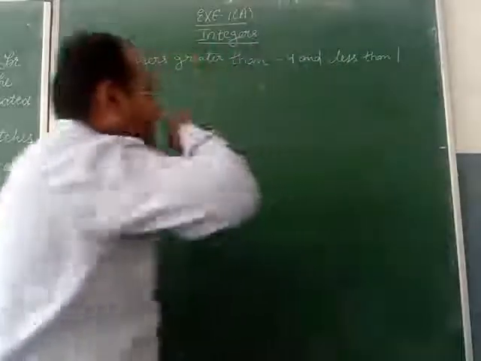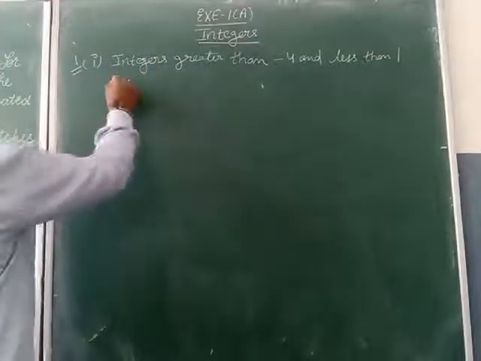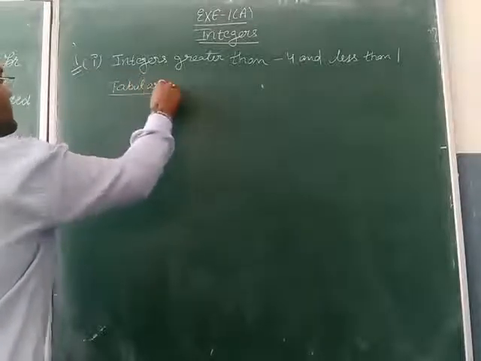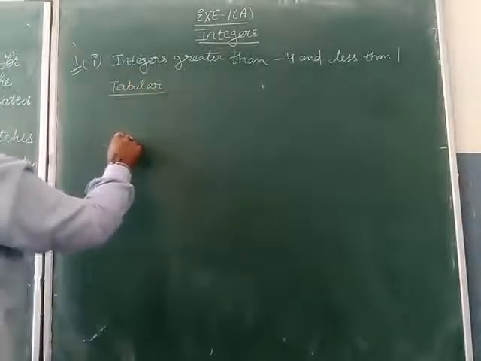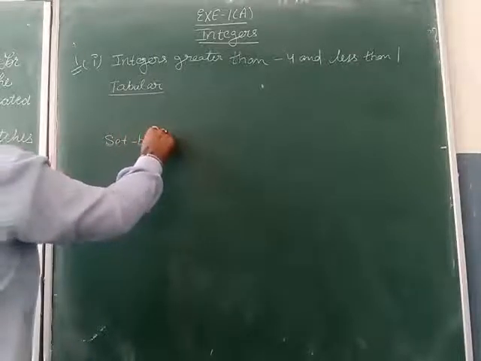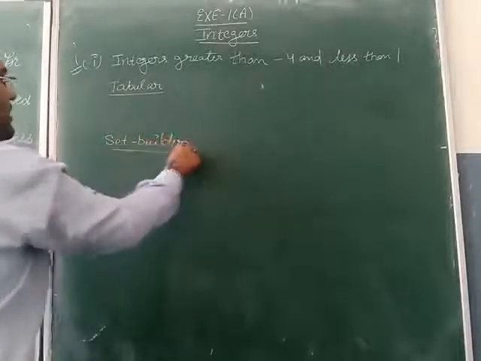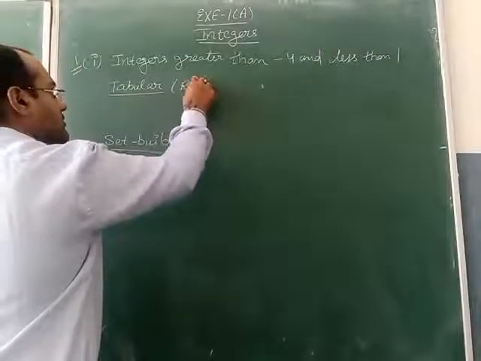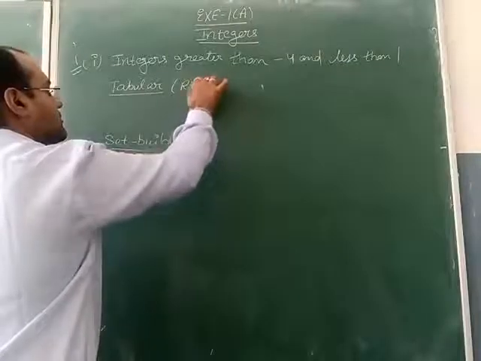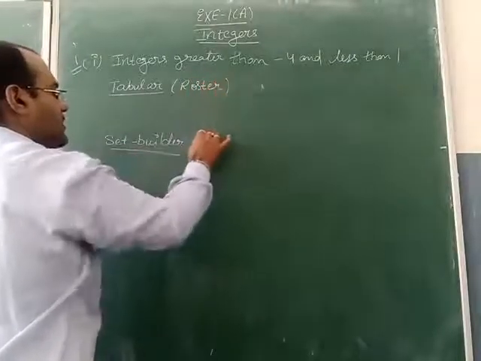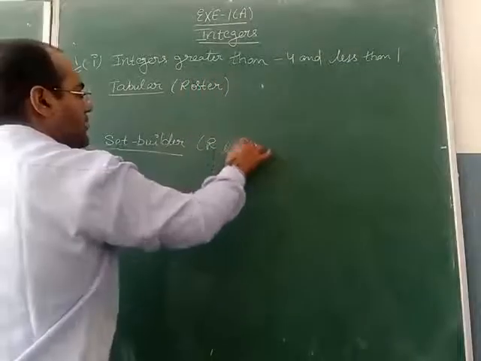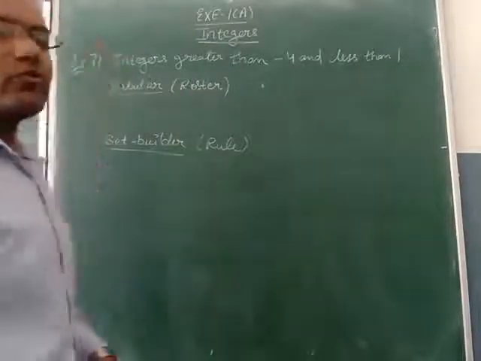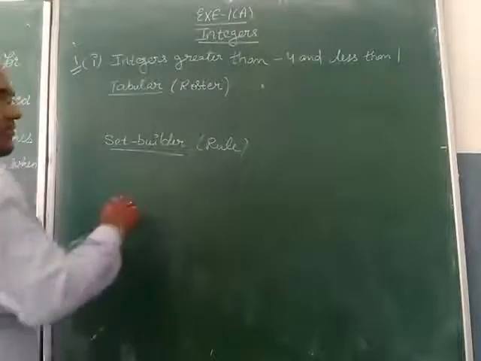This is the question, and we have to write tabular form as well as set builder form. Another name of tabular form is roster method. Another name of set builder is rule method. And one more thing is asked in the question: you have to represent it on the number line. We have to draw the number line also, at the end.